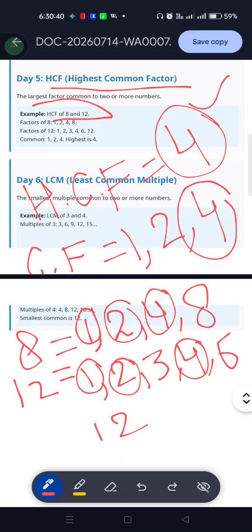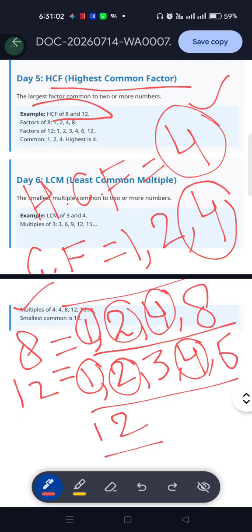So any question that is given to you, you will do it this way. First of all, you will list all the factors of the numbers one by one, separately, like this. Here I have written the factors of 8 and 12.